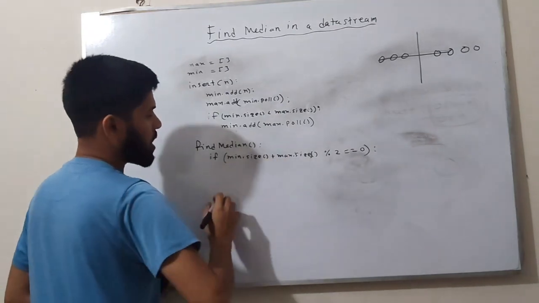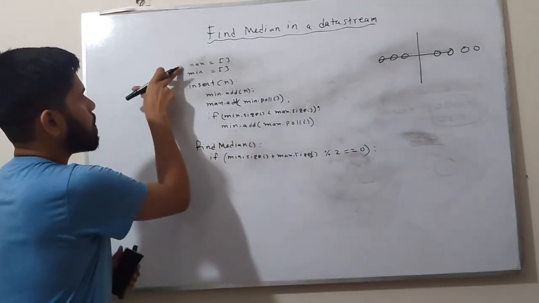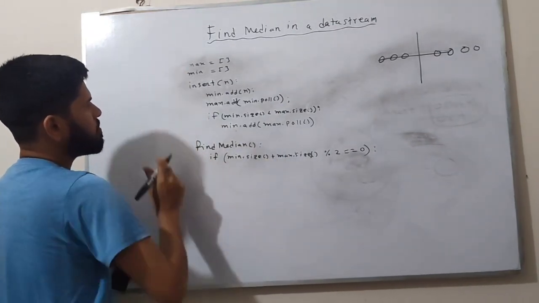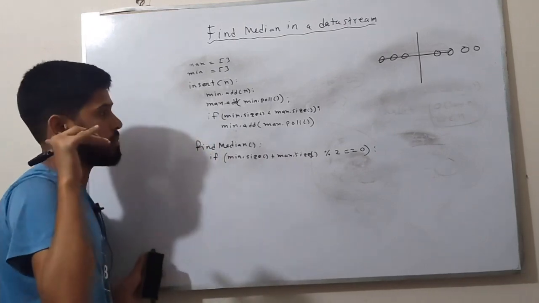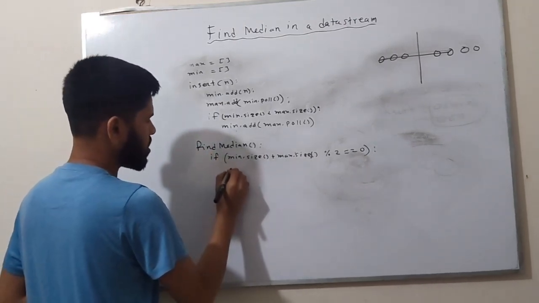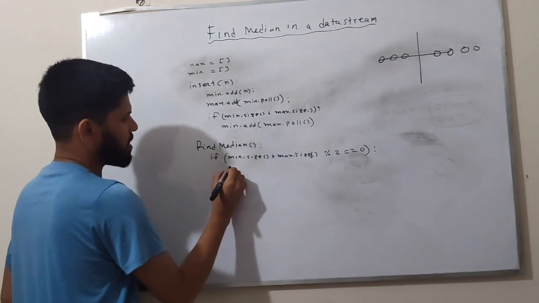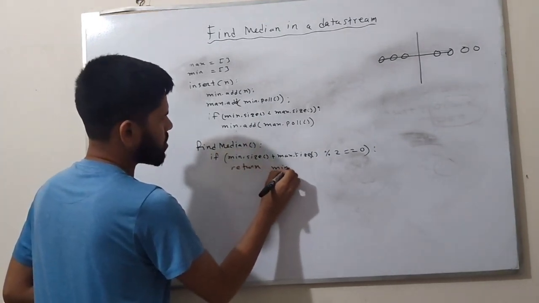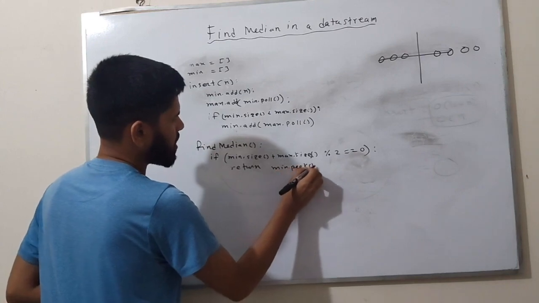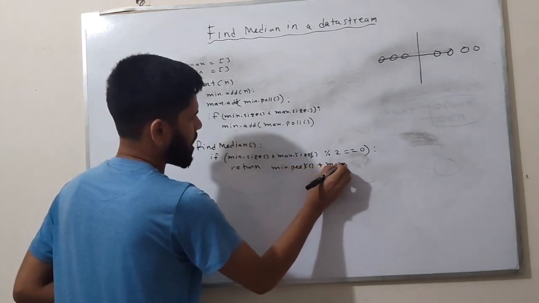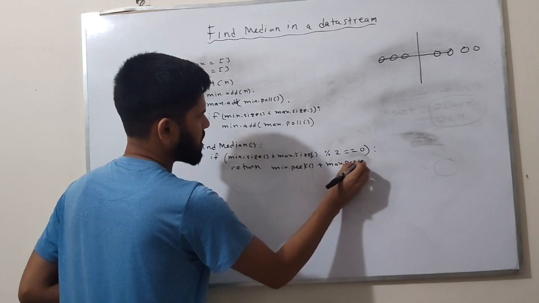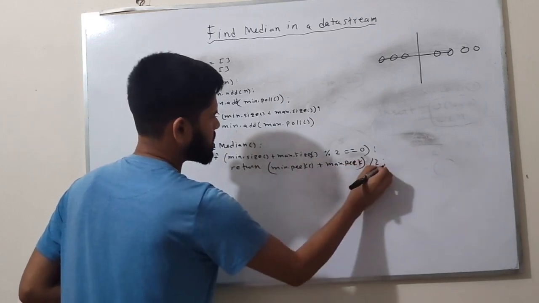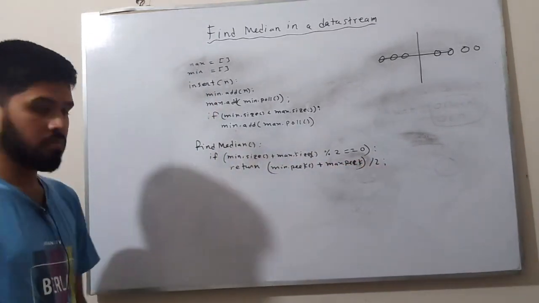So in that case, I have to find the peek from max and the peek from min, the root elements. Let's return that: min dot peek plus max dot peek, divided by 2. This is the median.